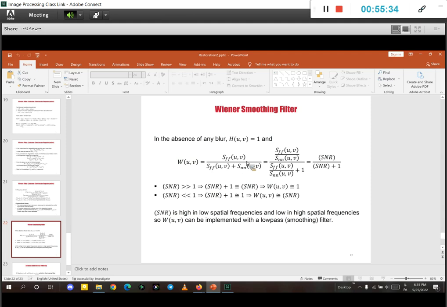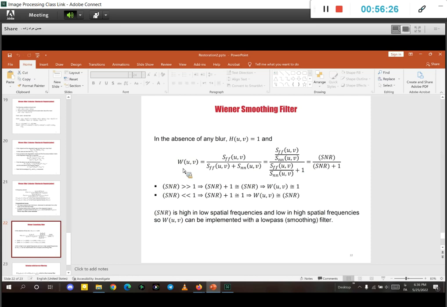Dividing numerator and denominator by S_NN, we get S_FF over S_NN divided by S_FF over S_NN plus S_NN over S_NN, or plus 1. S_FF over S_NN, the PSD of the image over the PSD of noise, is the SNR, the signal to noise ratio. So W is SNR over SNR plus 1.